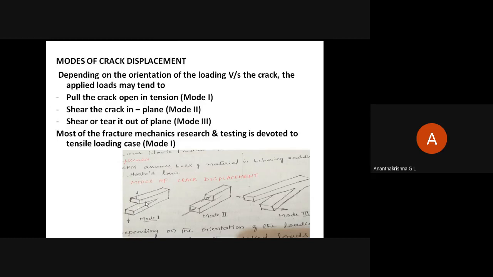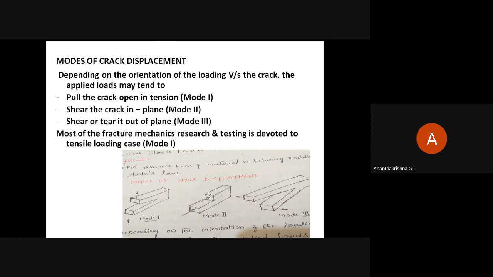So it is like the opening of a crocodile's mouth, correct? The crack which is present will go in this direction, so the load pulls the crack open in tension. This is mode 1 type of crack displacement. The second one is shear the crack in plane. When you apply load in this direction, the crack is sheared in plane. This is in-plane, or mode 2, crack displacement. The third one is tear it out of the plane.